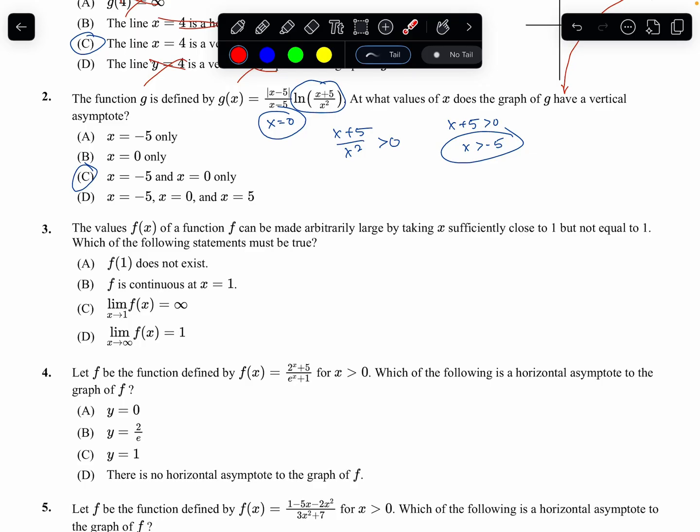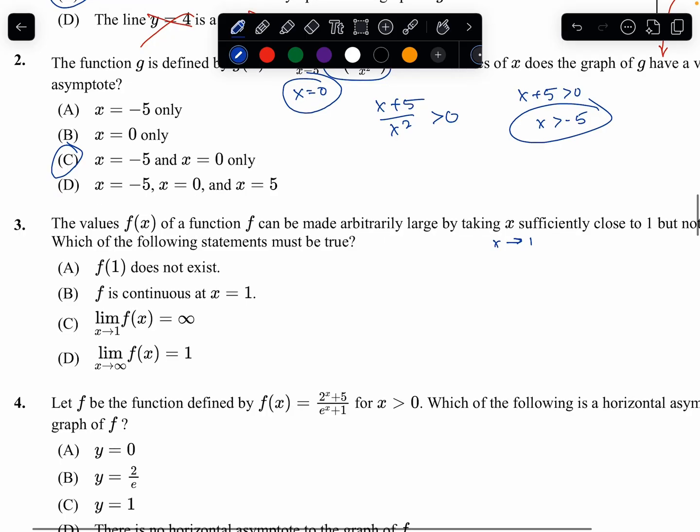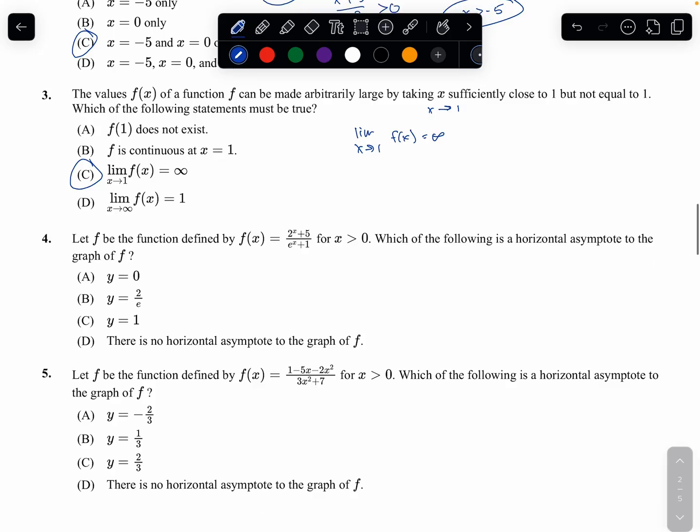Which of the following statements must be true? So values of f of x can be made arbitrarily large by taking x sufficiently close to 1. So x is approaching 1, but then the values of the function, so the limit as x approaches 1, are going to be made arbitrarily large. So that's going to be positive infinity, so it's going to be C.